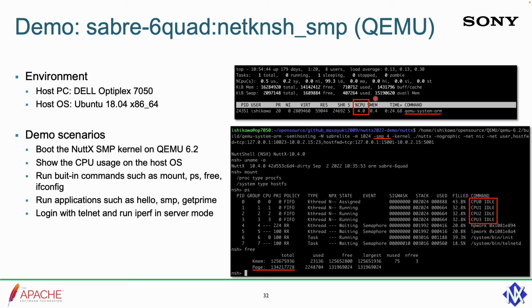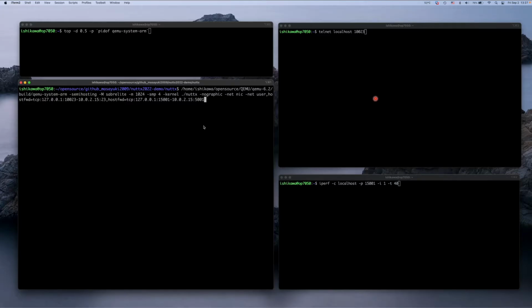In the demo video, I execute several nsh commands as well as applications. The configuration also supports networking. In the demo video, you can see the Telnet daemon and iperf working. So let's start the demo video.